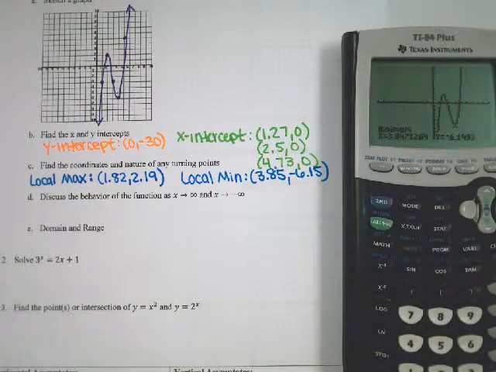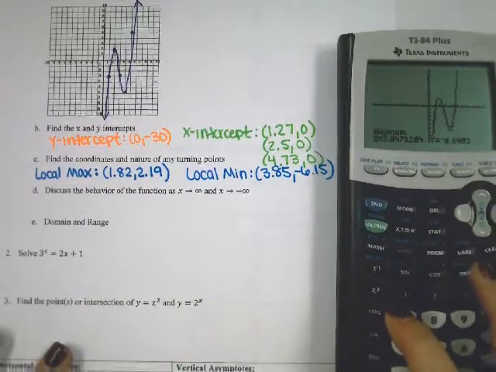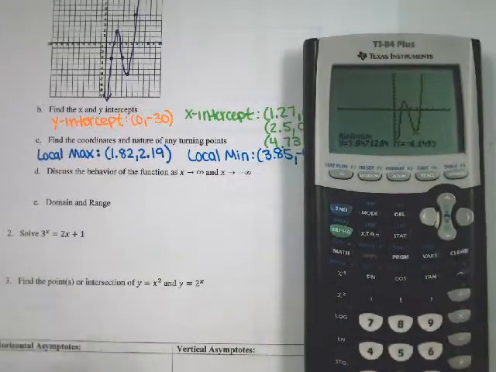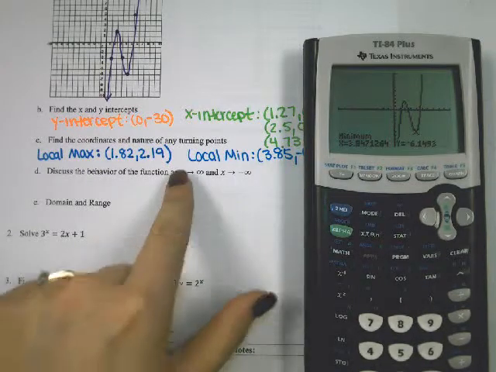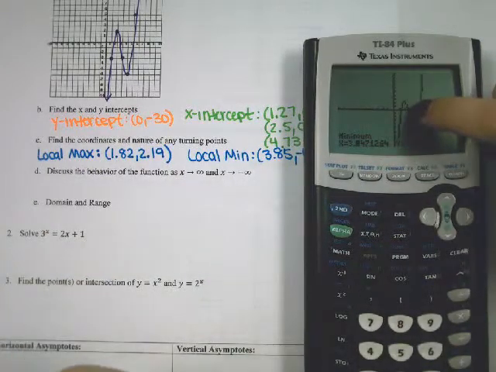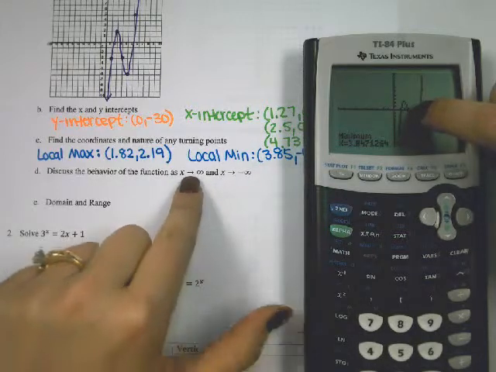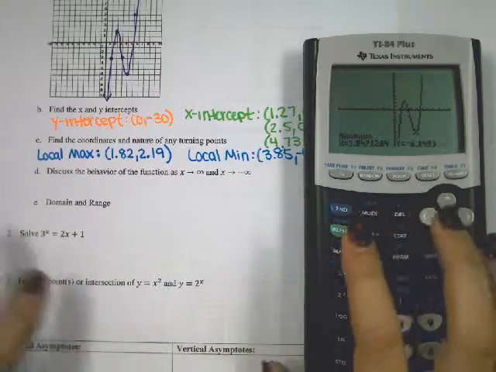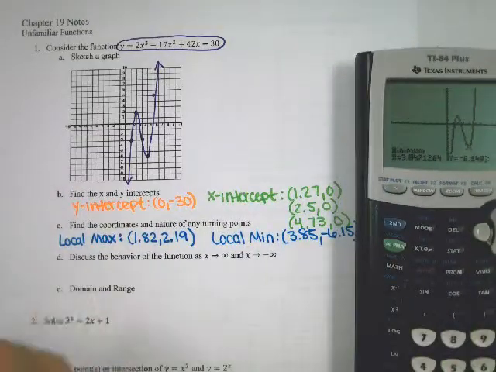Discuss the behavior of the function as x goes to infinity and x goes to negative infinity. This is called end behavior. So end behavior of the function has to do with what direction your function is pointing, to the left and to the right. So as x goes to infinity, so as x gets really, really big, I'm going to look at the graph I have up here.